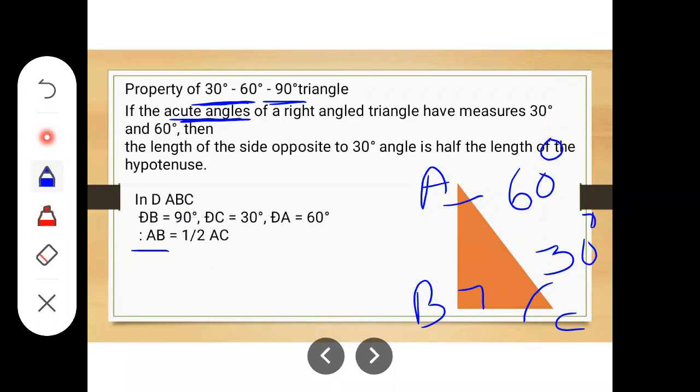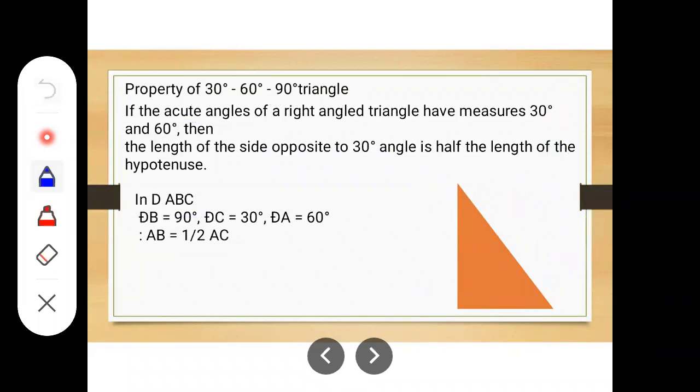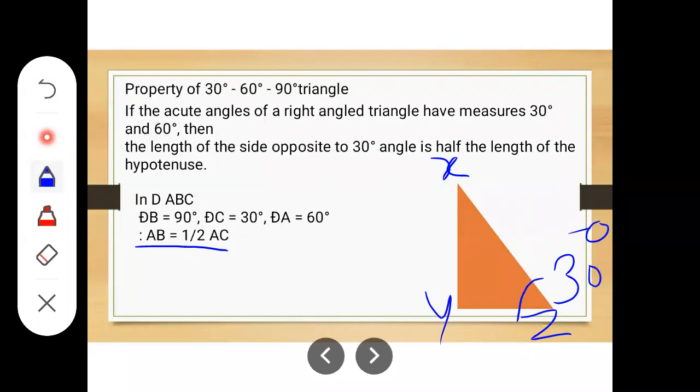Suppose I change the label of the given diagram, then how to write this equation? Okay, here I change the label of the diagram. The triangle is X, Y, Z, and this is the 30 degree angle. Then how to write the formula?